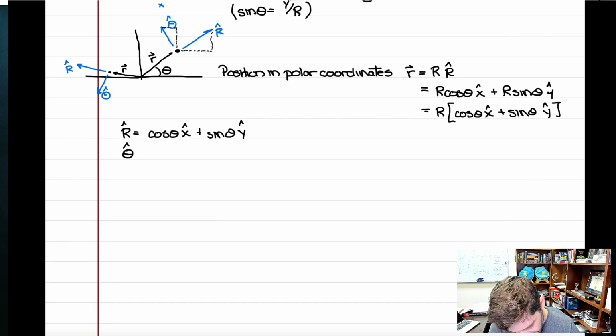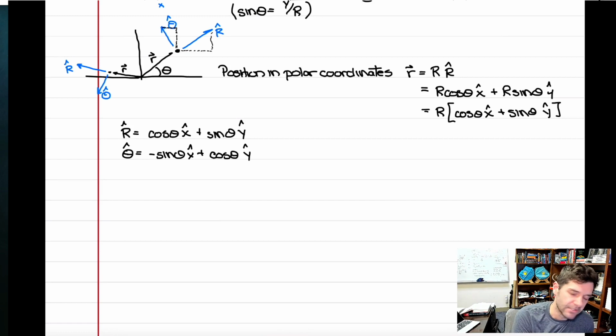Similarly, you could take this unit vector and project it so that it has components along the x direction and the y direction by a similar looking triangle. In this case, you get negative sine of theta in the x hat direction plus cosine of theta in the y hat direction. I'll let you convince yourself that that's the case.